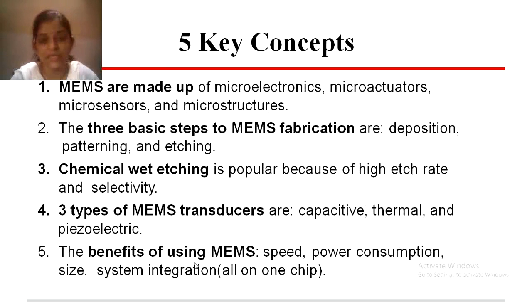Then there are three types of MEMS transducers: capacitive, thermal, and piezoelectric. Then the benefits of using MEMS are in speed, power consumption, size, and system integration, that is, all on a single chip. So these are the five key concepts of MEMS that you have to keep in mind. Throughout the session, these five important points we have learned today.